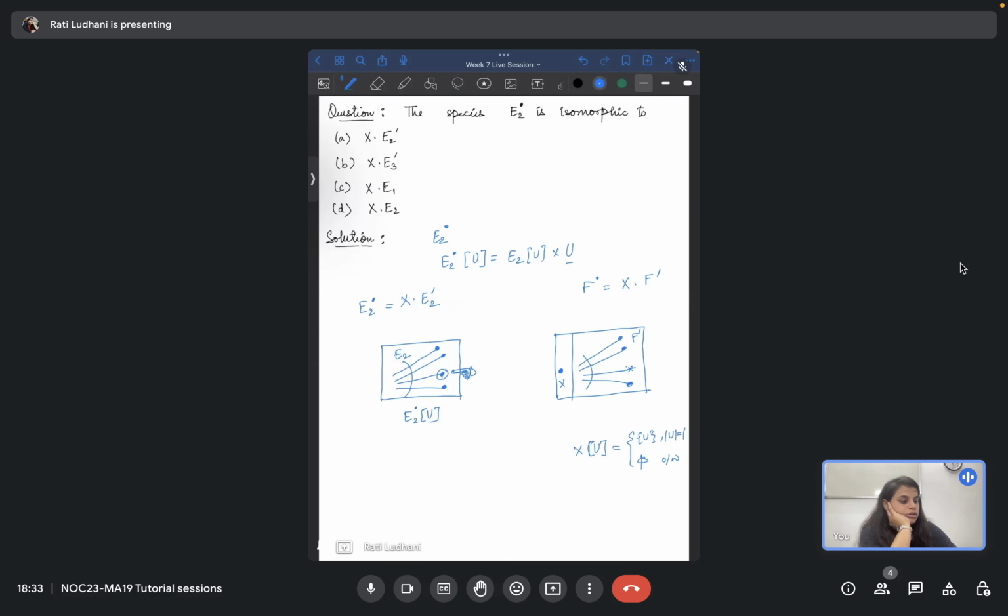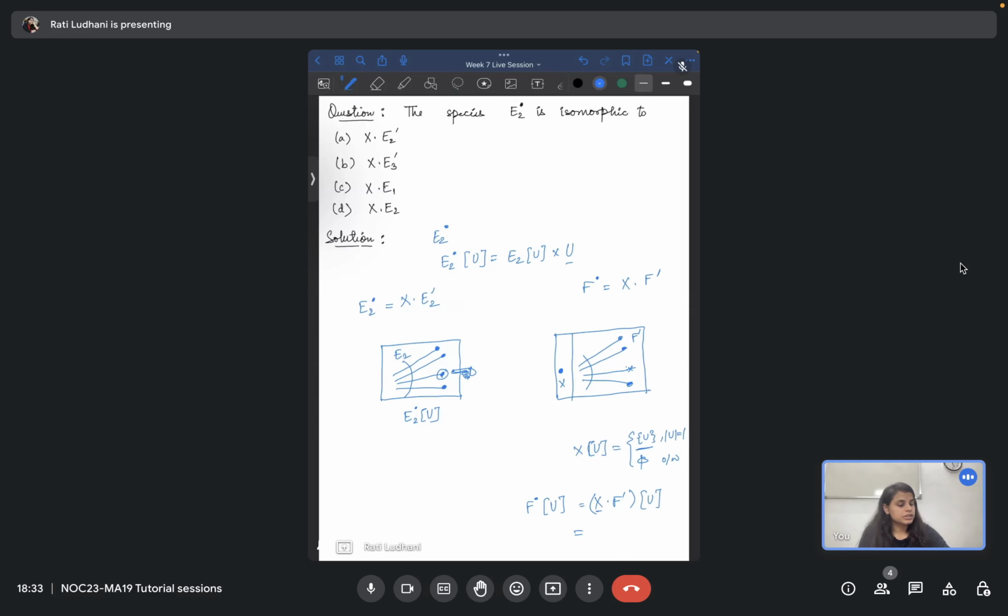Just to recall, when you are taking U, you'll get X dot F dash of U. Now there is a dot, so you are partitioning U. You will get something only when the cardinality of U1 is 1, because only then it is non-empty and has one element.